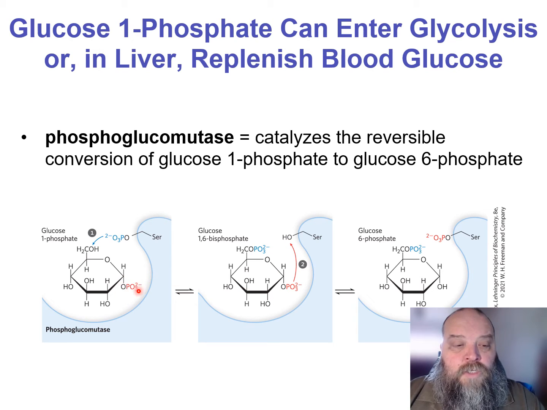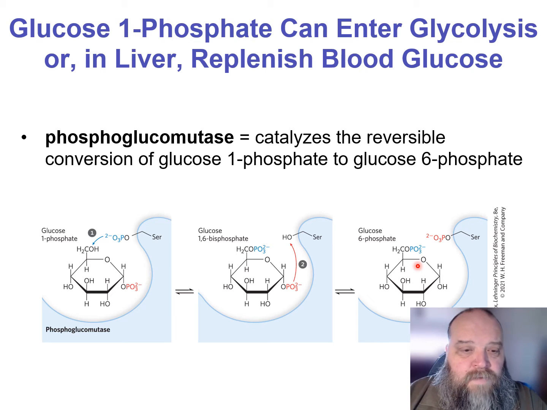So the original incoming inorganic phosphate is now going to remain here on phosphoglucomutase. And what was part of the enzyme, that phosphate group, is now going to leave attached to glucose 6 phosphate, G6P.